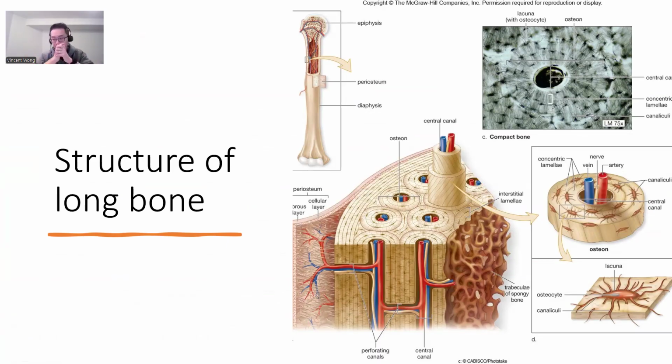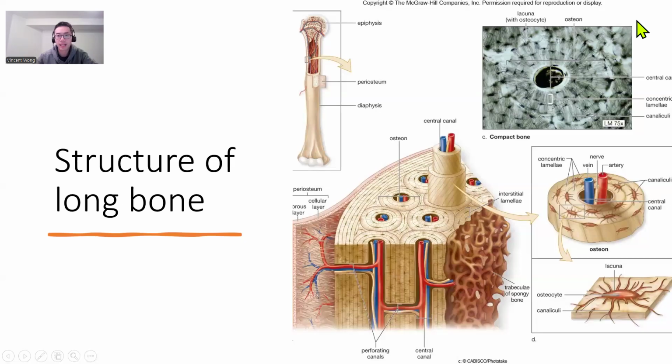Anyways, my suggestion is, like I said, draw it, but also Google compact bone and see different pictures, and try to cross-reference what looks like what. Some of the things we didn't talk about, you don't have to know, like the trabeculae. We just call it spongy bone. It's fine. All right, and here are the canaliculi coming out from the lacuna.